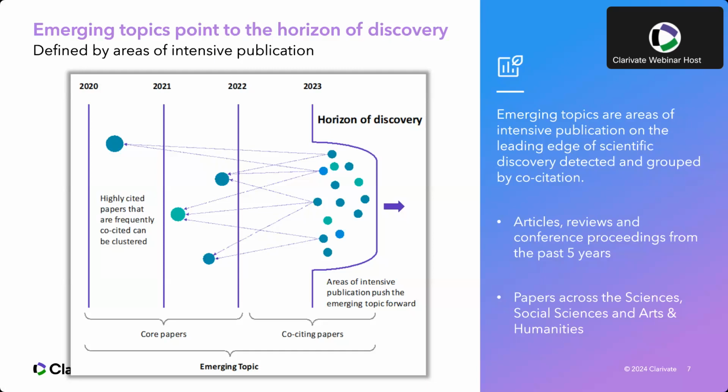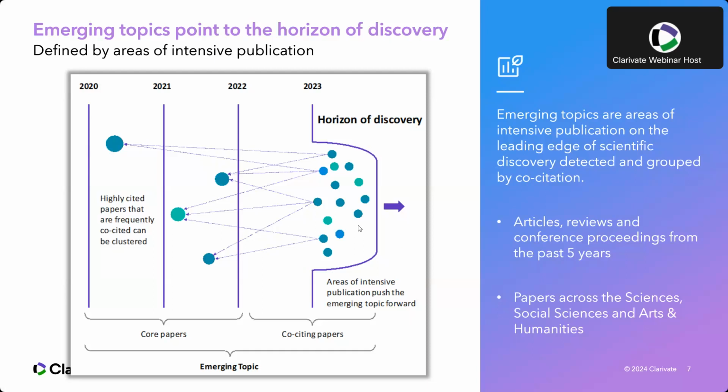We're looking at all Web of Science Core Collection journals and conferences. If you look at this slide here, we have highly cited papers, and when you look at those papers, that's what we define as an area of intensive publication.